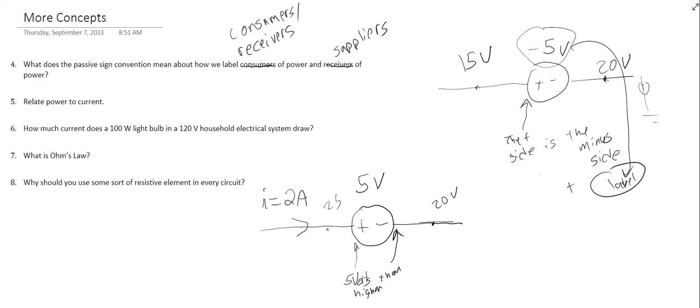I think it's easier to think of it that way, like the plus side is the minus side plus whatever it's labeled. Whenever it has a negative voltage on there, that kind of just throws me off, because if I said that side was 15 and that side is 20, it's like, well, why is it labeled like that? Oh, yeah. Okay, and that's why.